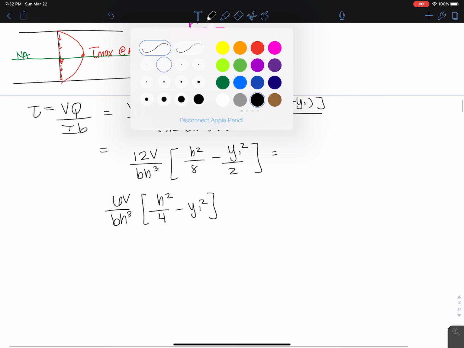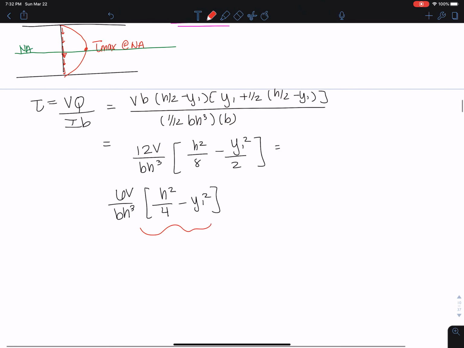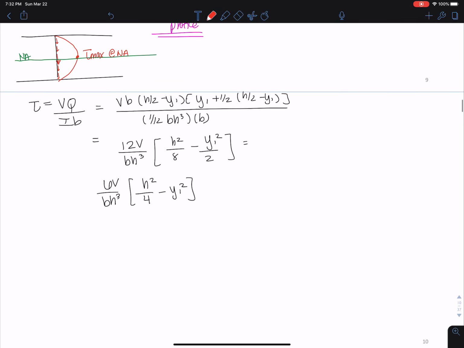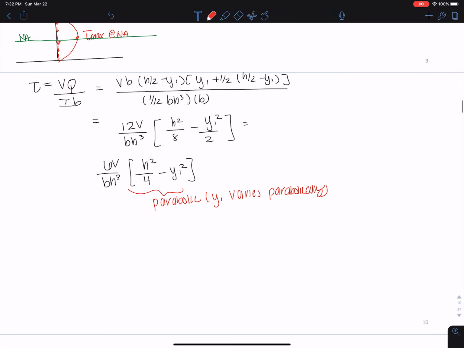And we can see this is a parabola. It makes sense. Y1 varies parabolically. It's a second order function, okay?